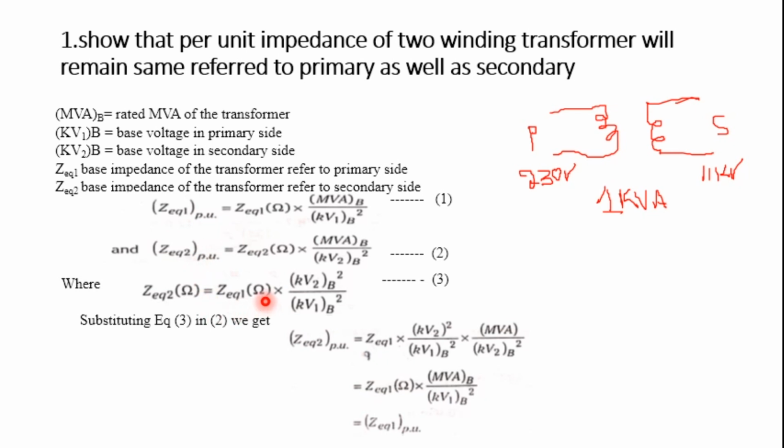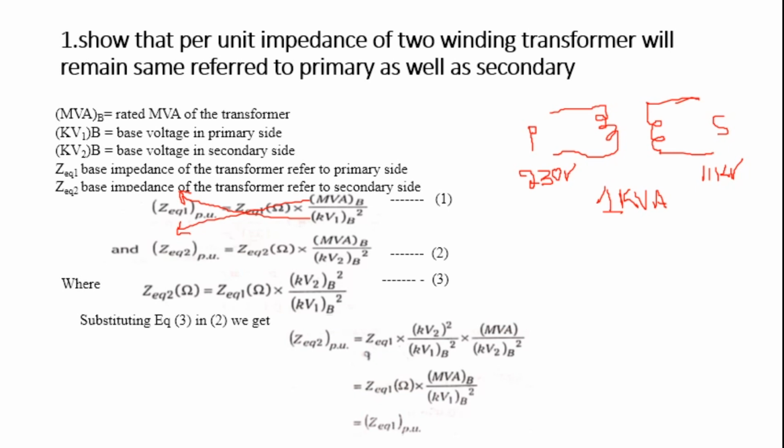Z equivalent 1 in ohm is equal to Z equivalent 1 in per unit into, this goes to the LHS, means the upper side, as a numerator, and the MVA base comes to the denominator side, divided, and kV1 base squared goes to the numerator side.